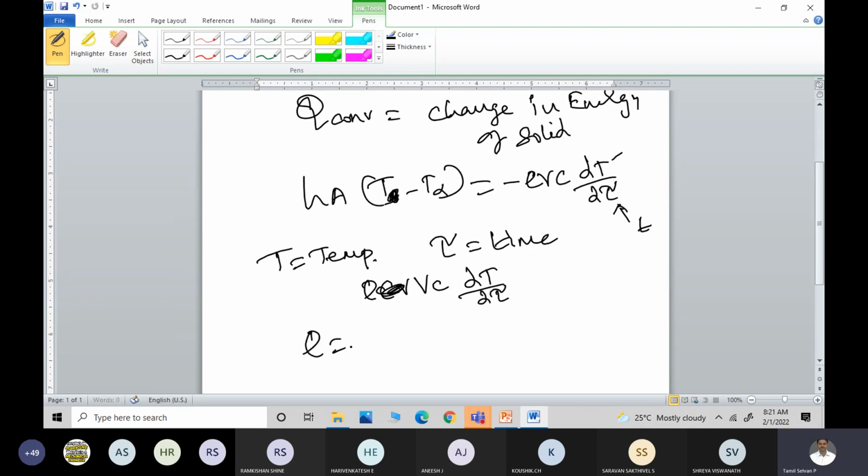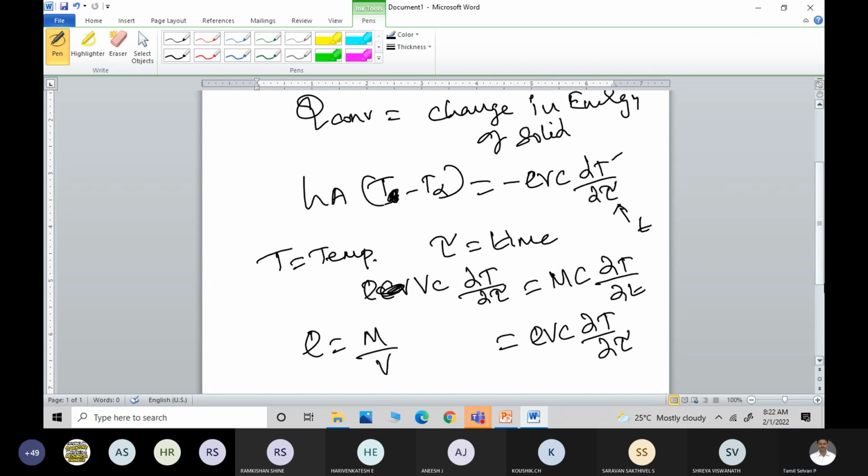Density is equal to mass by volume, m by V. So instead of writing m C dT by d tau, I have written rho V C dT divided by d tau. Tau or t, whichever is convenient for you, you can write. Is it fine, students?